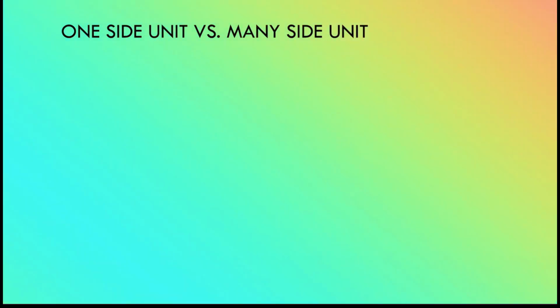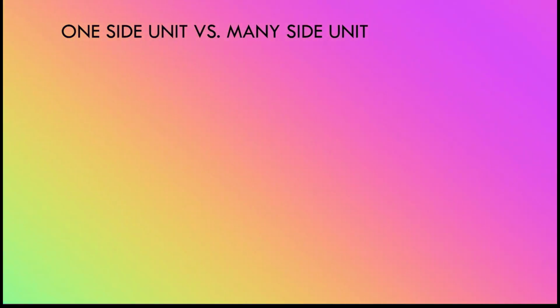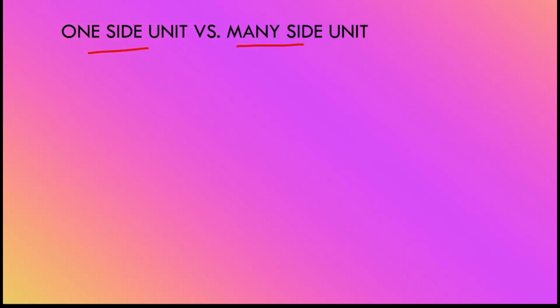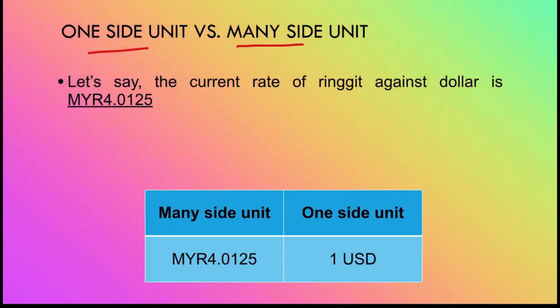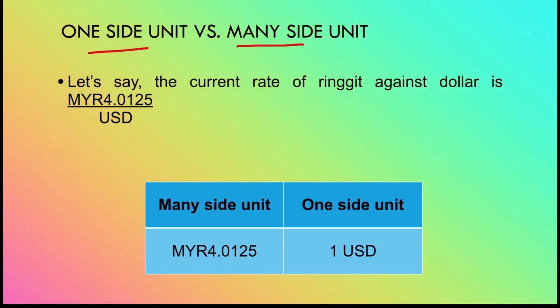Before we proceed to calculate cross rate, you have to know the one side unit and many side units. What is the difference between these two units? Let's say the current rate of ringgit against dollar is 4.0125 per US dollar.